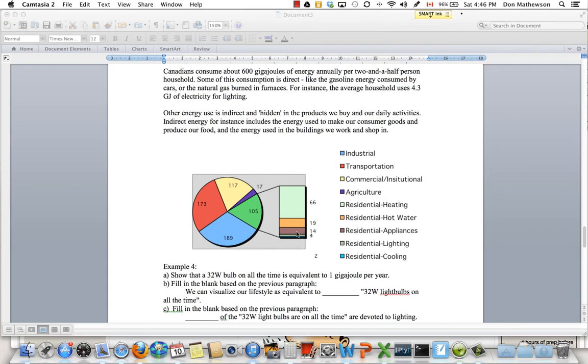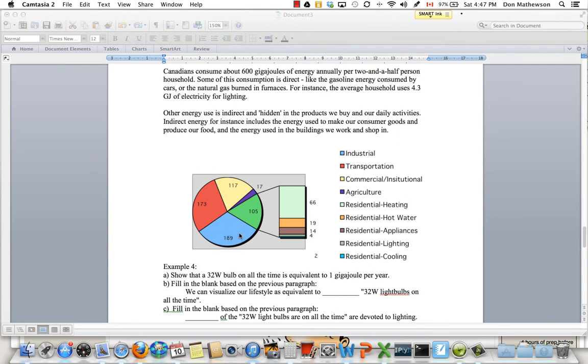This is for our appliances, our fridge, etc. There's about 4 gigajoules for lighting and about 2 gigajoules for cooling purposes. So that's our residential use. This is industrial use. This is the energy used to mine and refine metals, for pulp and paper industry, for all the high-tech industries, everything in Canada.